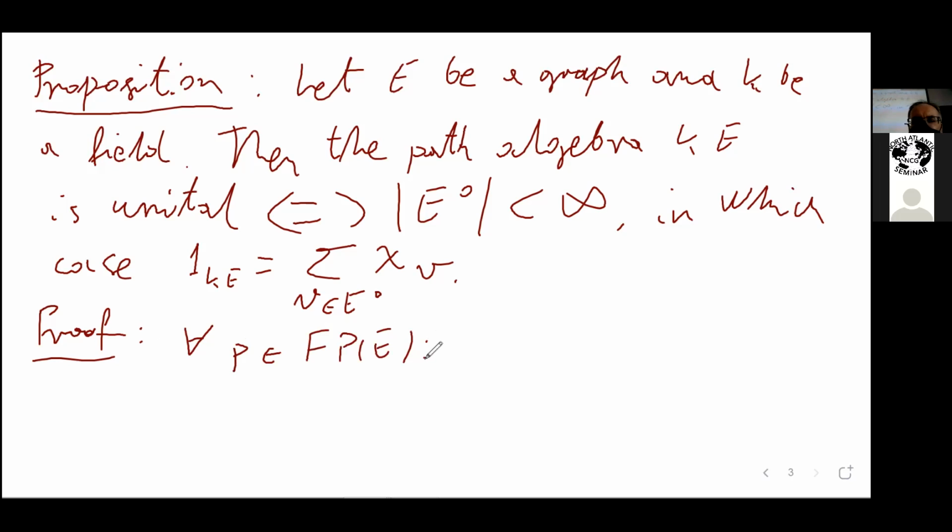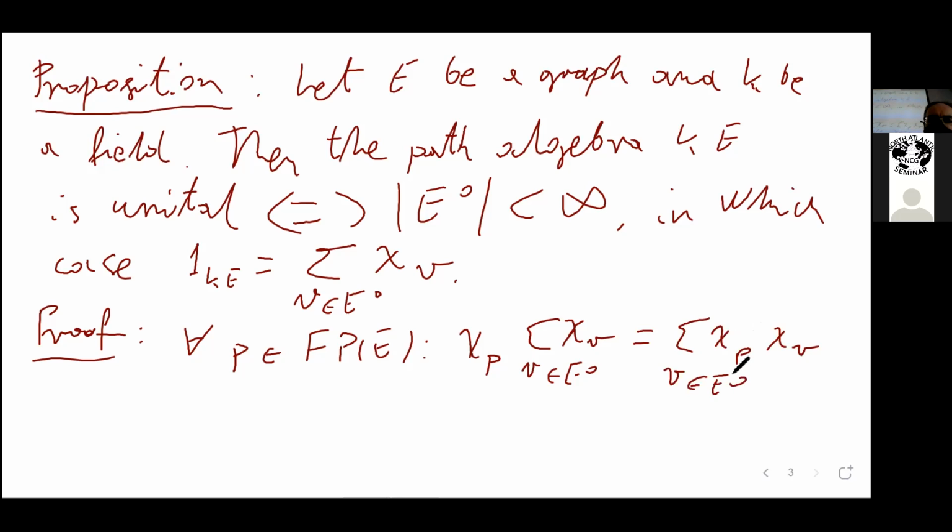we obviously have that if I take chi P and multiply it by the sum over all these chi V, then this will be the sum, but now with chi P chi V. And obviously the only element of the sum that survives is when V is equal to TP.